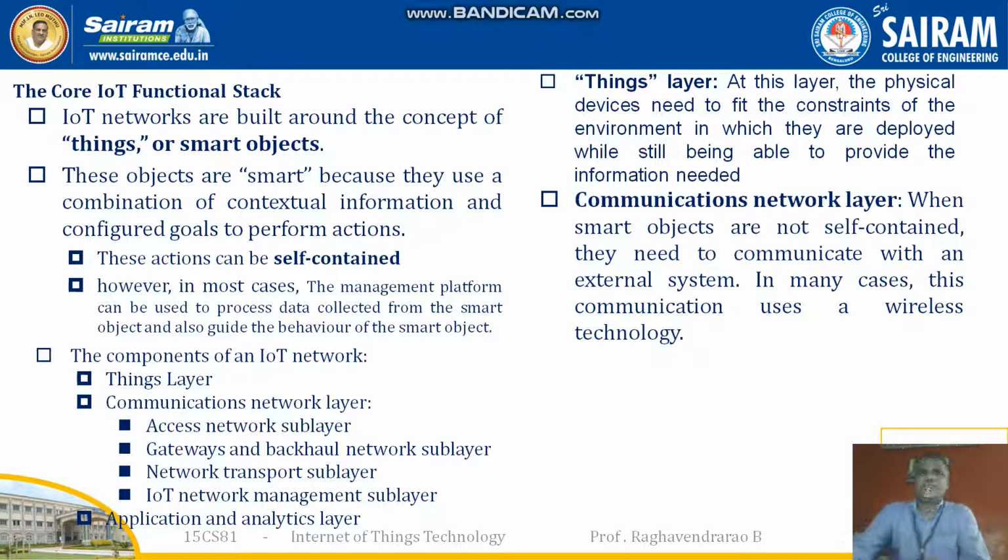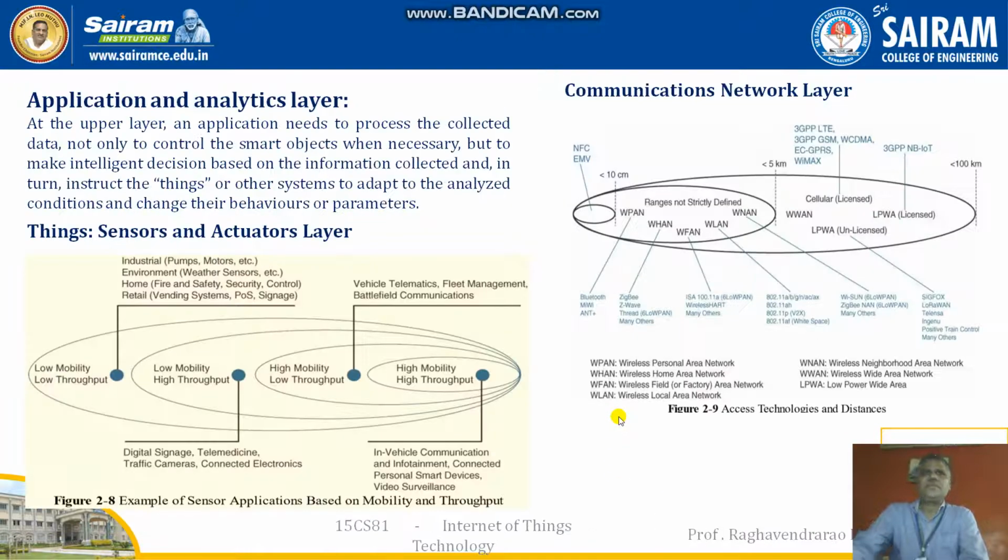I already discussed that. The application and analytics layer: here, how the data is moved, how the sensors collect it and all these things. Let us see the steps here.